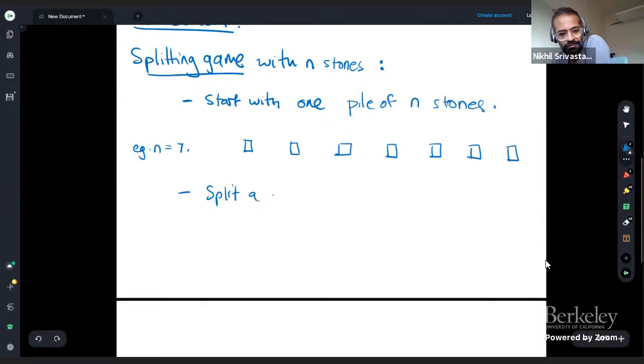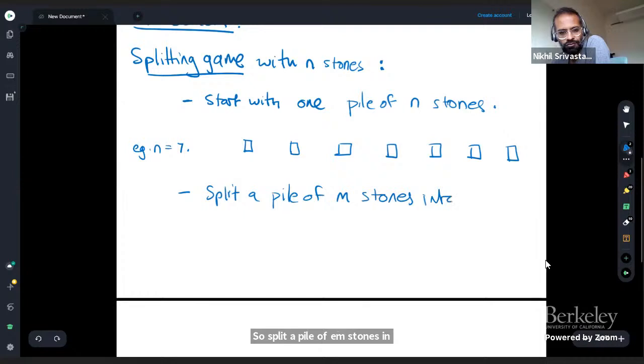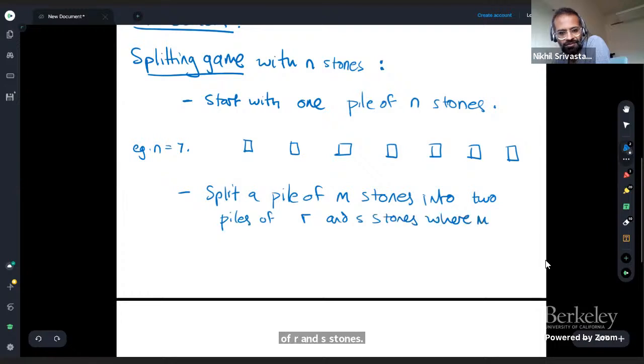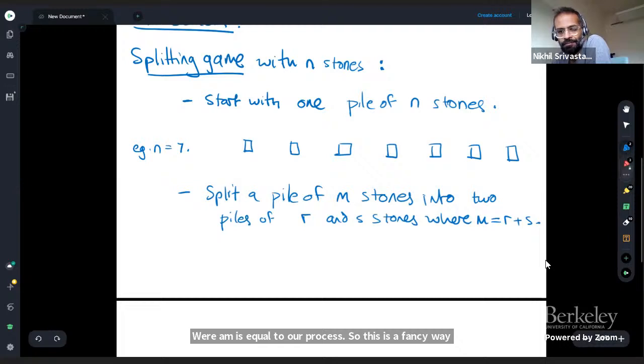So split a pile of m stones into 2 piles of r and s stones, where m is equal to r plus s. So this is a fancy way of saying, I have one pile right now. I'm going to split this into 2 piles. So I don't know, somebody want to throw out a way to do that?